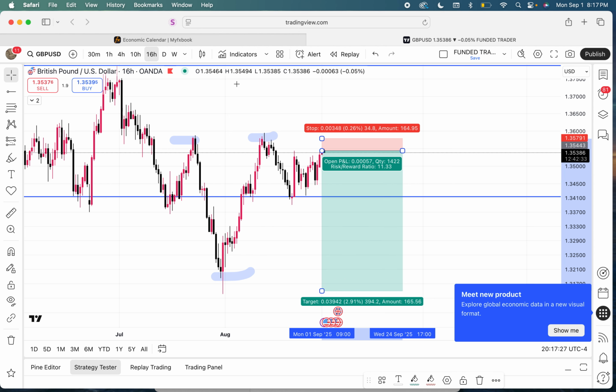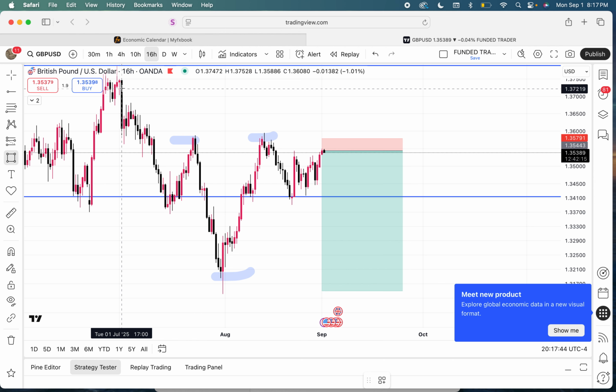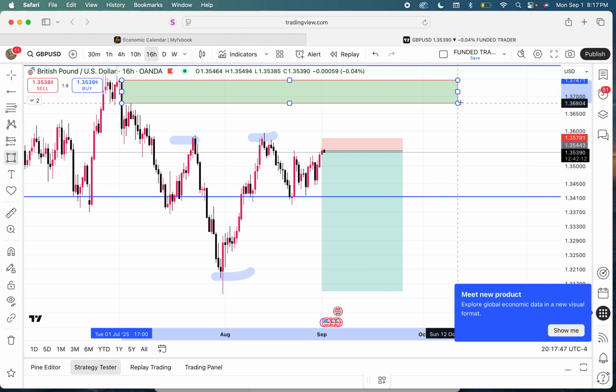GU could also, because this is also liquidity, go up and hit this area right here. This is an open area, and you usually look for open areas. I know I do. Most people call this an imbalance, so an imbalance in price.